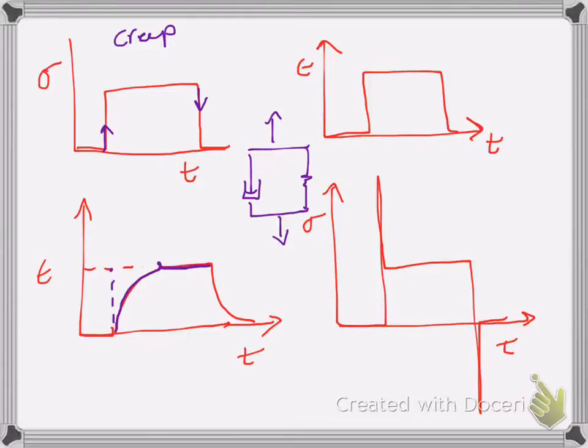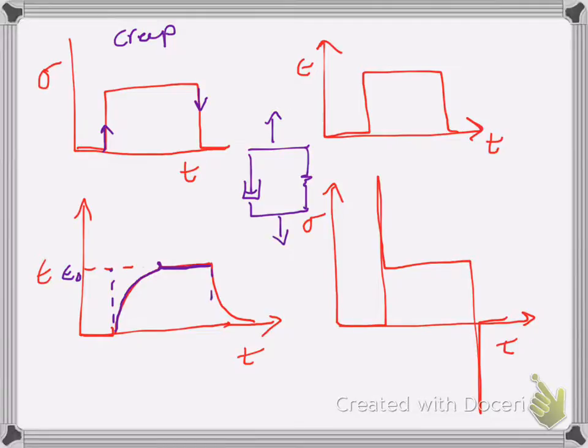but its final elongation is still going to be related to the spring element that defines this epsilon naught that's our final elongation. When you relieve the stress, the same thing happens.